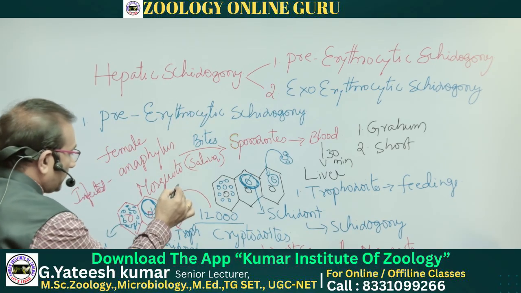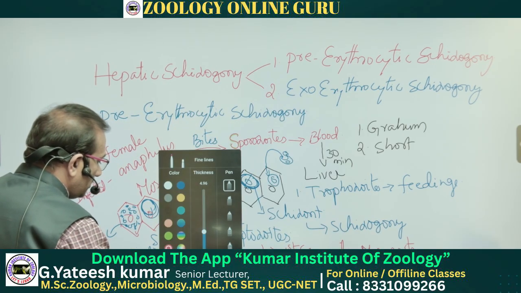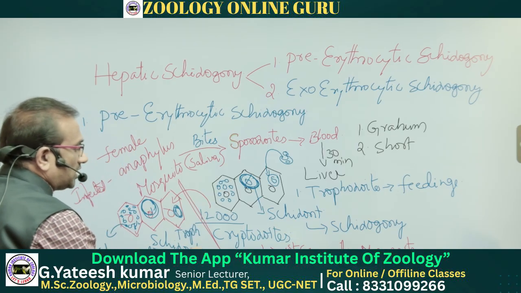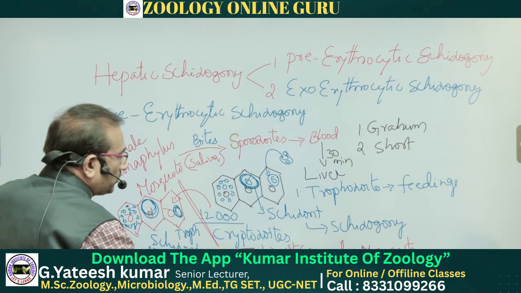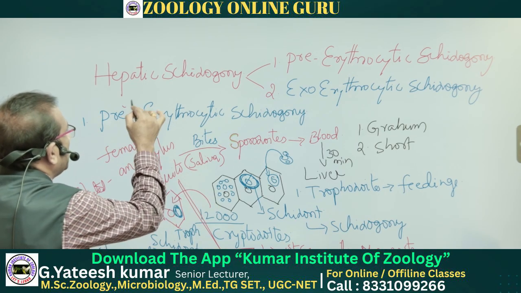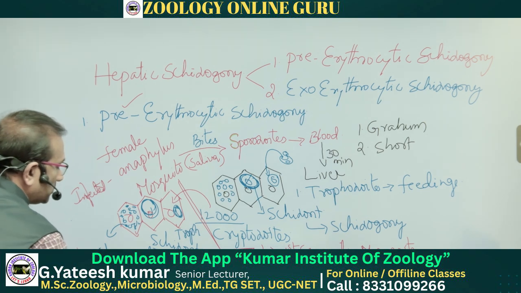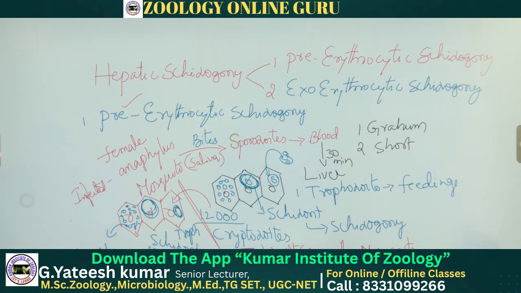So here, up to the formation of cryptozoites, it is known as the pre-erythrocytic cycle, and then the formation of second generation merozoites is called the exoerythrocytic cycle.